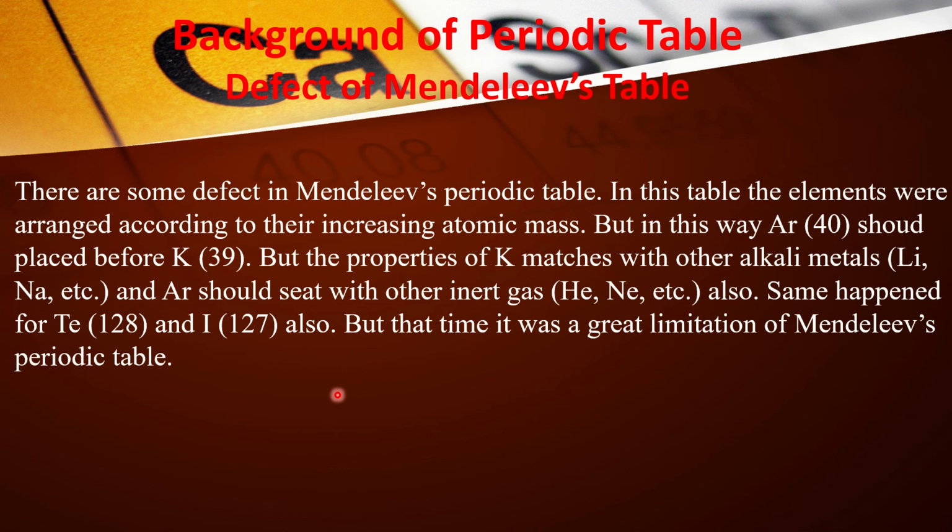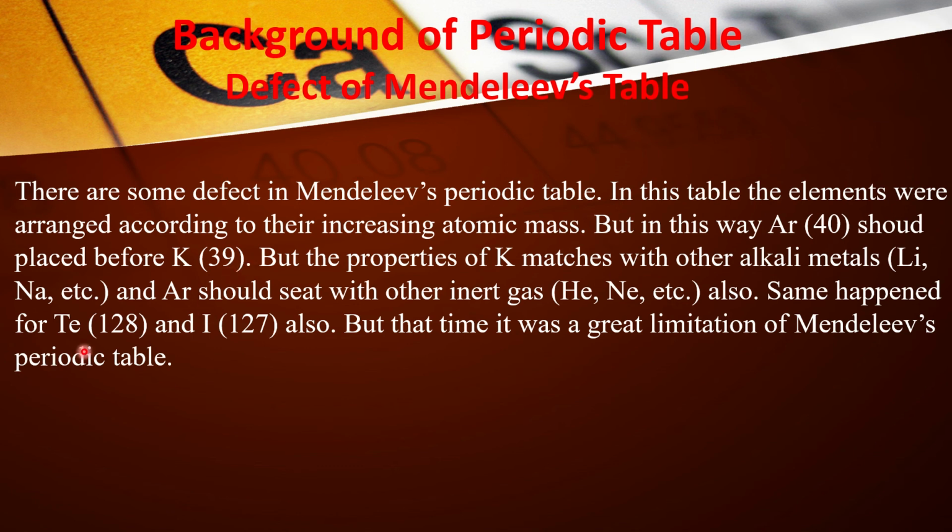So potassium was seated with other alkali metals and argon was seated with other inert gases. But the atomic mass of argon is 40 and potassium is 39. So Mendeleev's law was not followed there.